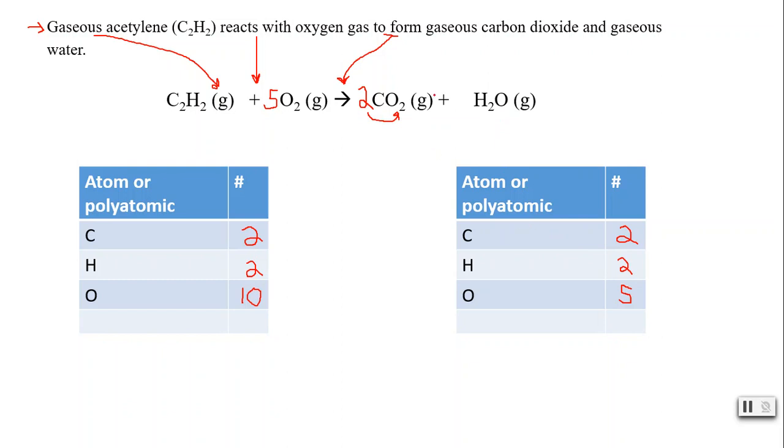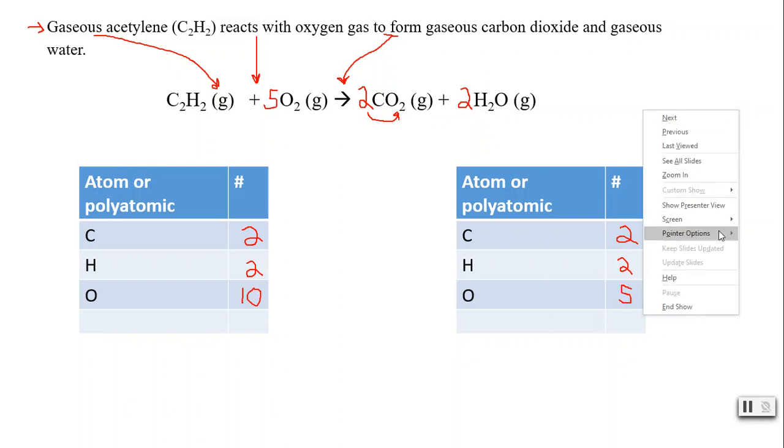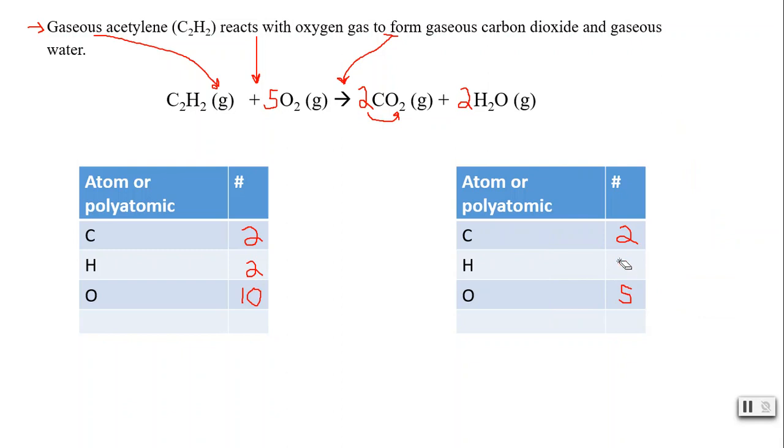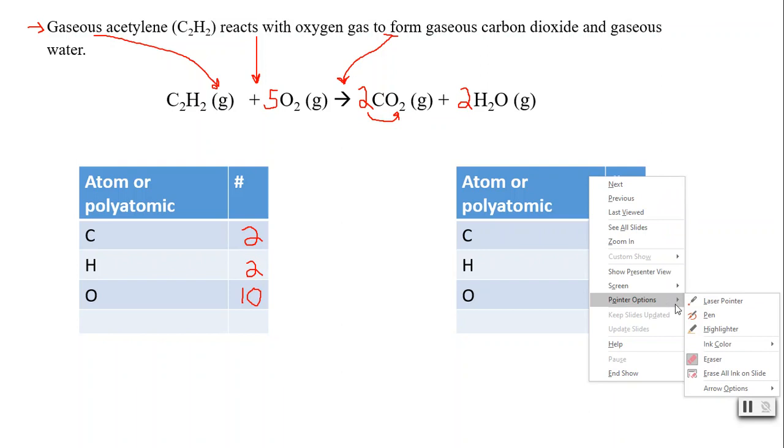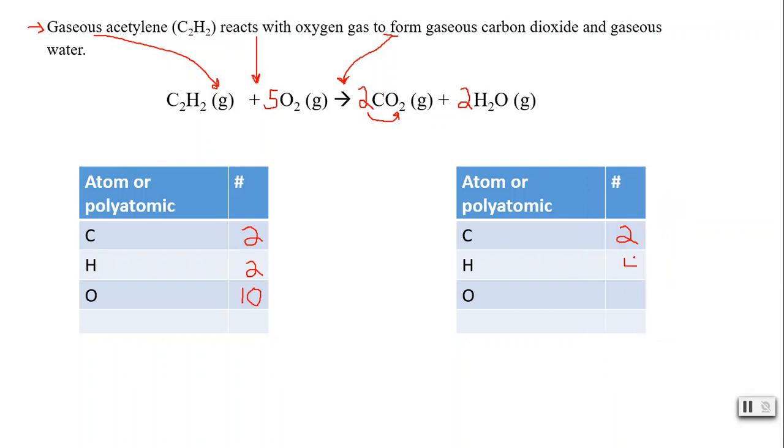So if I was to put a 2 here, if I was to put a 2 there, I would get my eraser, I would have now 4 hydrogens, and I would have 2 times 2, and then we have to add another 2, so then I would have 6 oxygens.